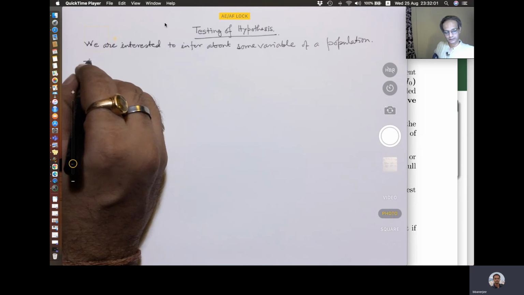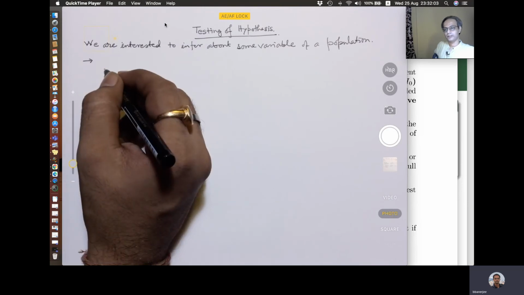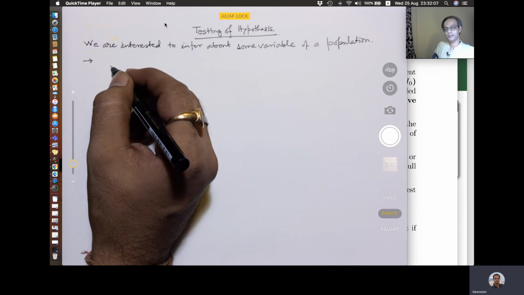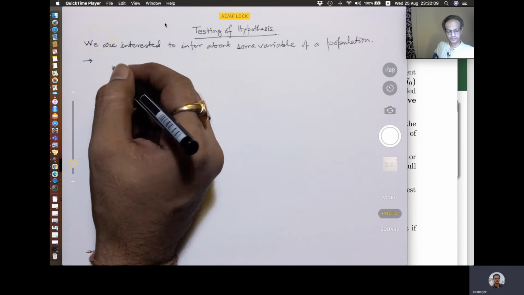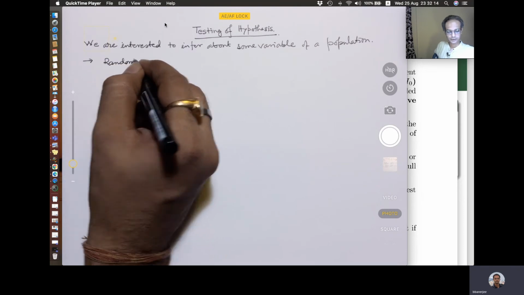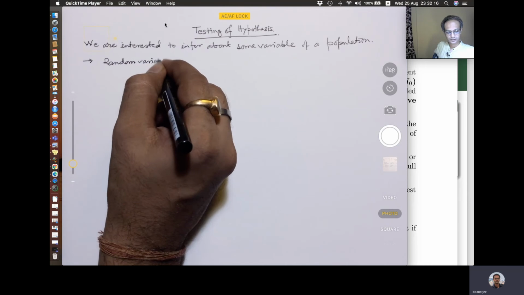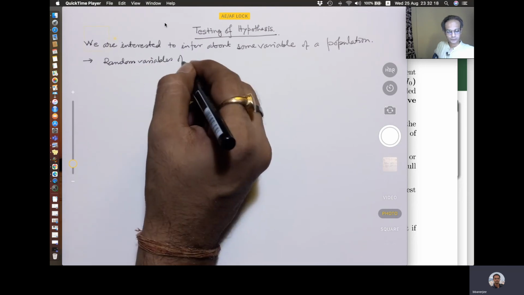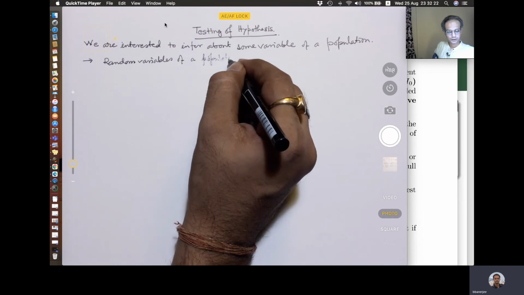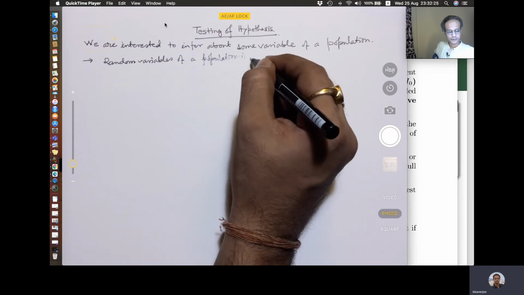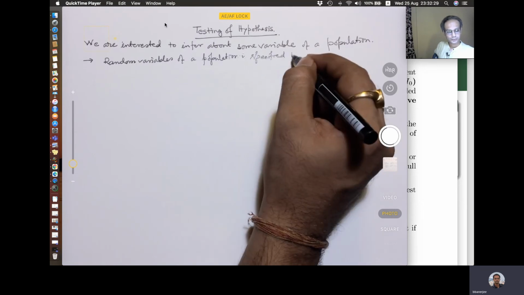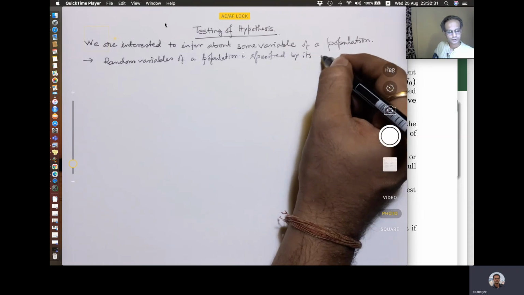Now the random variable related to a population is specified by its distribution.